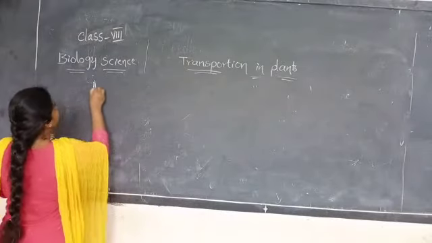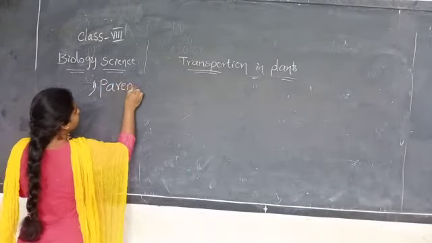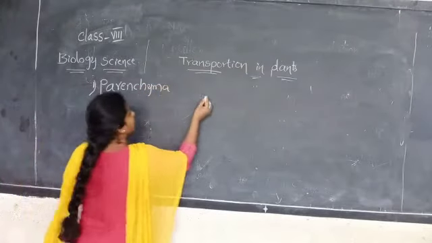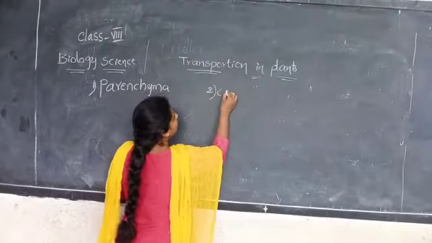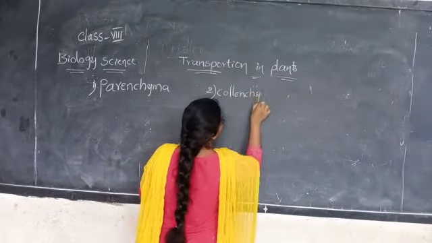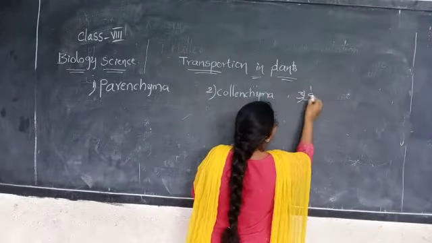One is parenchyma. The second one is collenchyma tissue, and the third one is sclerenchyma tissue.